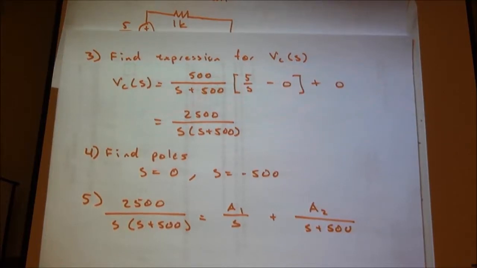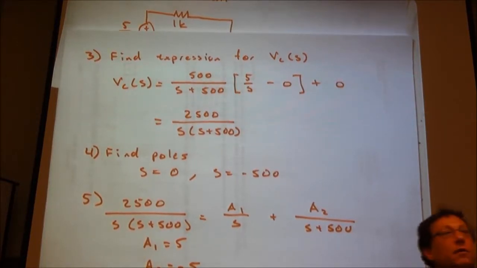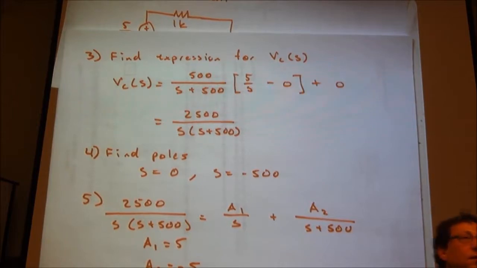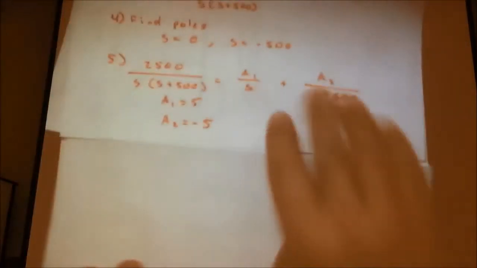Apply the cover-up rule, multiply both sides by S, evaluate at S equals 0, and you get A1 equals 5. And similarly, you're going to get A2 equals minus 5. Does anybody want to see that, or do you believe me? Everybody comfortable with that? So there's our partial fraction expansion.